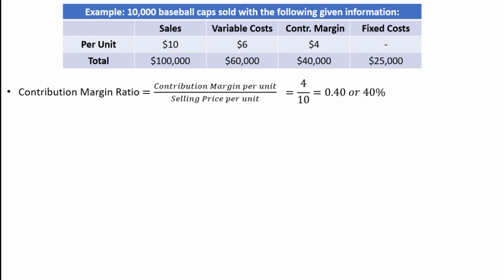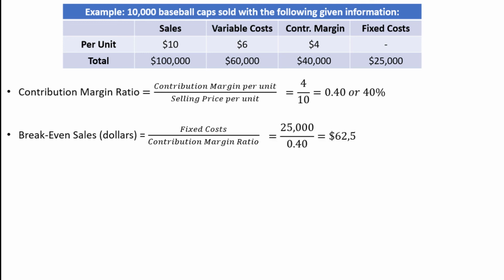We can use this value to calculate the break-even point, not in units like we did a moment ago, but now in dollar sales. We can take the fixed costs and divide by the contribution margin ratio, which will tell us how much the company needs in dollar sales to break even. For our example, we have 25,000 divided by 0.4, which equals 62,500 of sales to break even.